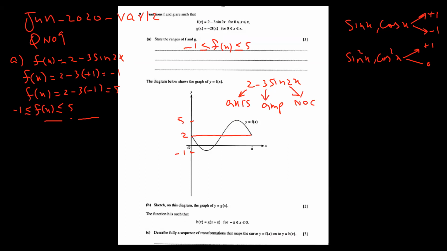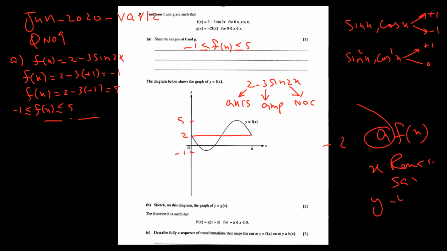So if I multiply by -2, both values, what happens? You know very well that the y value will change, x no change. Repeat: whenever a times f of x, x remains the same but y values multiply by a, and here a is -2.